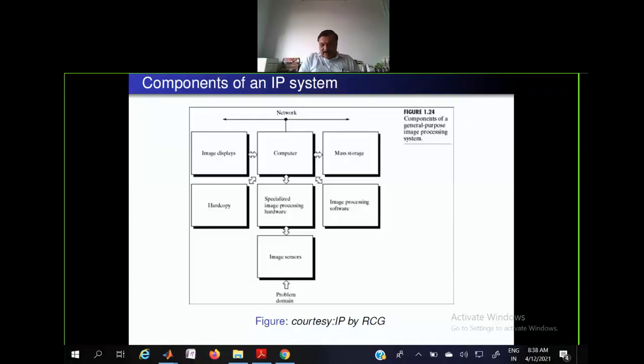Let me tell you what millimeter wave imaging is. There is an area called concealed weapon detection. What people do is they get themselves operated on and conceal the weapon inside their body and carry it.